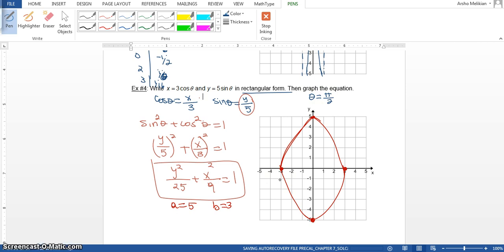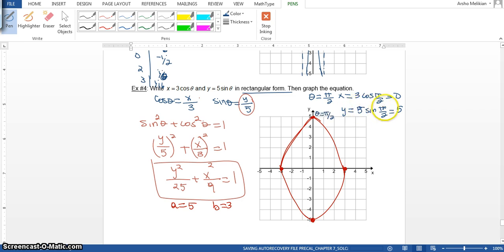When theta is equal to pi over 2, what is x equal to? x equals 3 cosine pi over 2, which is 0. y equals 5 sine pi over 2, which is 5. So when x is 0, y is 5; this is when theta is equal to pi over 2.